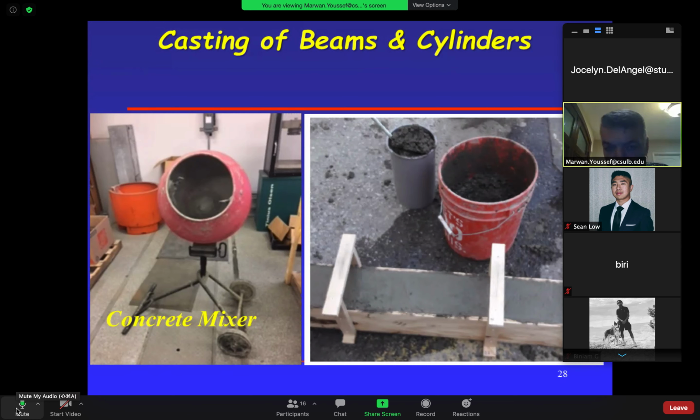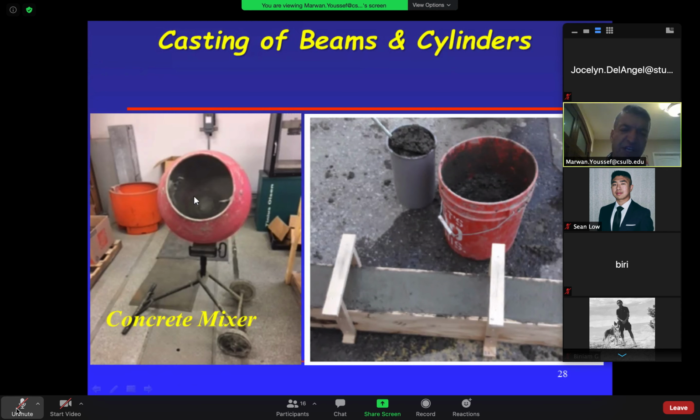If it's already mixed, then what is the machine doing for the ones on the truck? The big ones on the trucks?